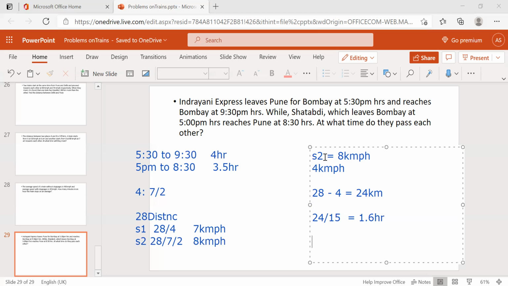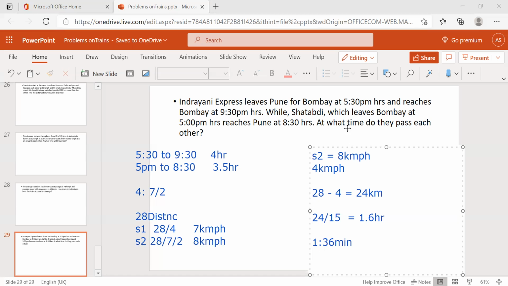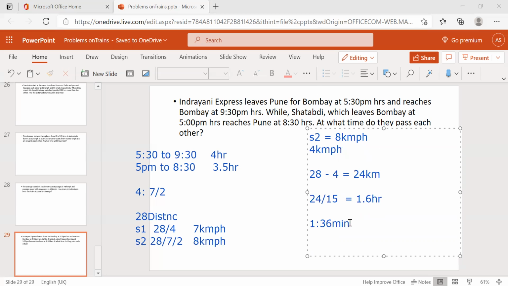1.6 hours means how many minutes? 1 hour 36 minutes, since 0.6 hours is 36 minutes. Now after 1 hour 36 minutes, both trains will meet. From where, 5:30 or 5?